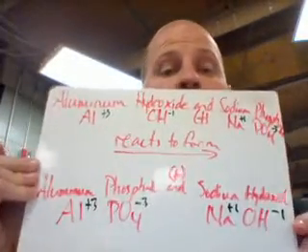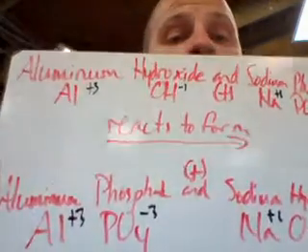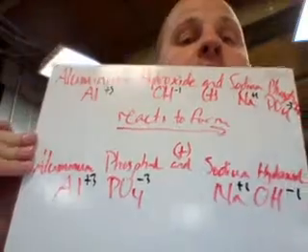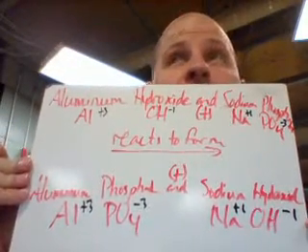So now I have my charges. I'll put it up a little closer so that you can see. What we need to do now is crisscross our charges. When I crisscross, I bring my 3 over in front of the Al, and the 1 down in front of the PO4. The 3 from the Al goes down in front of the Na.